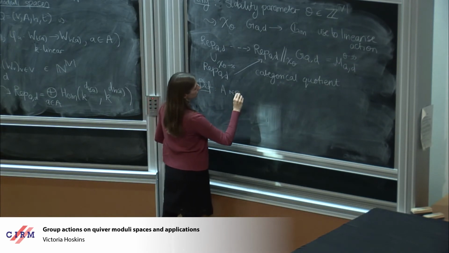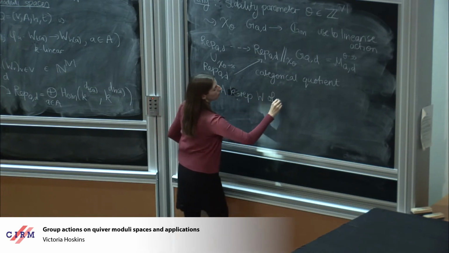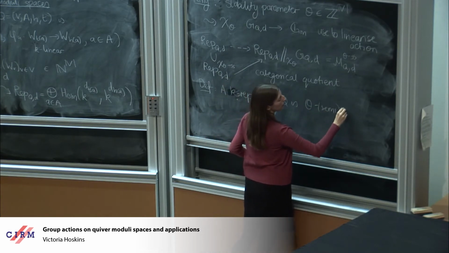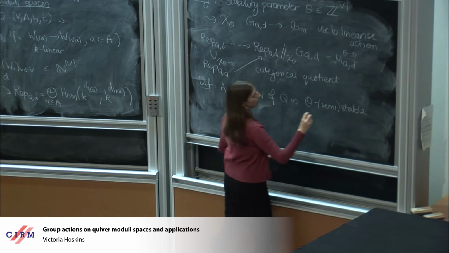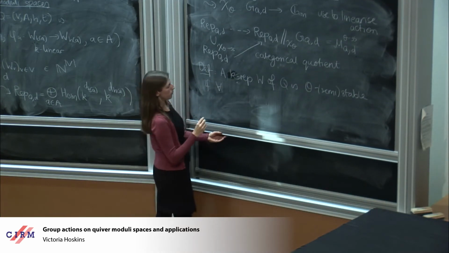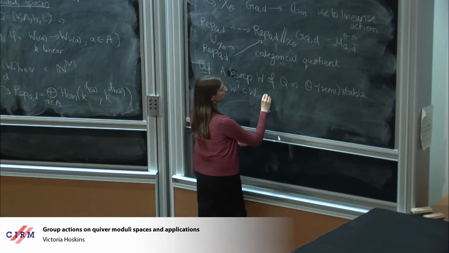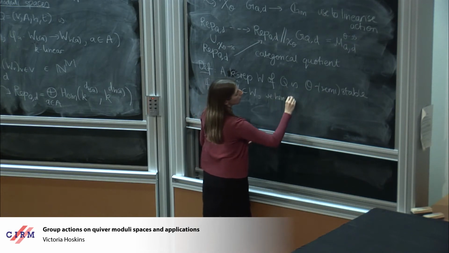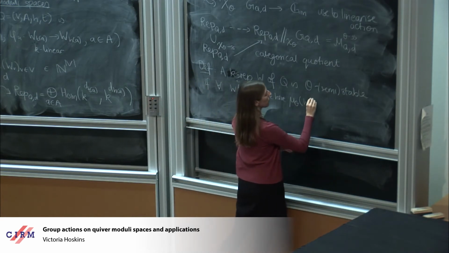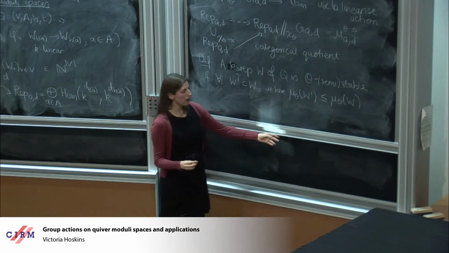A K representation W of Q is theta semi-stable if for all proper non-zero subrepresentations we have that the theta slope of the subrepresentation is less than or equal to the theta slope of the representation itself.